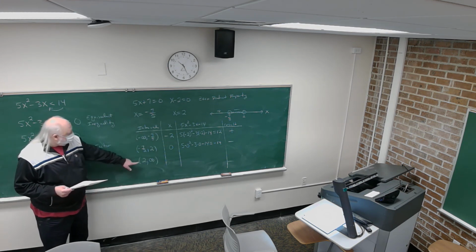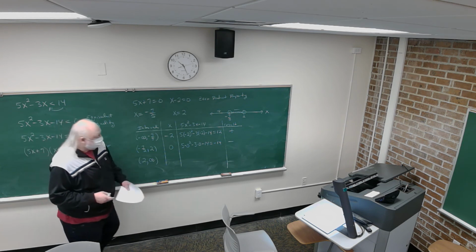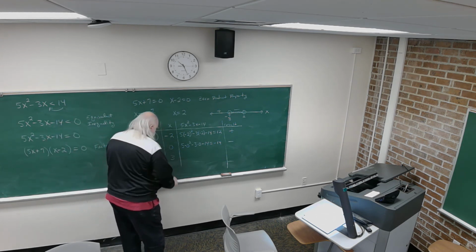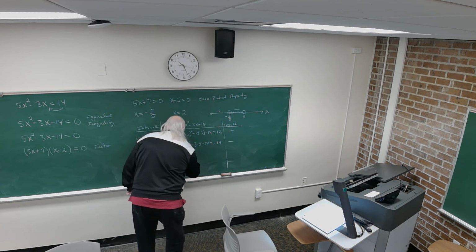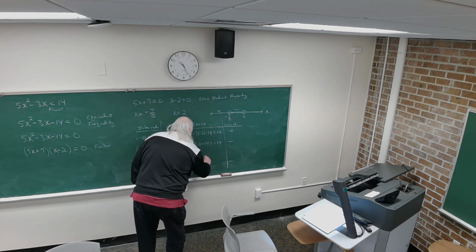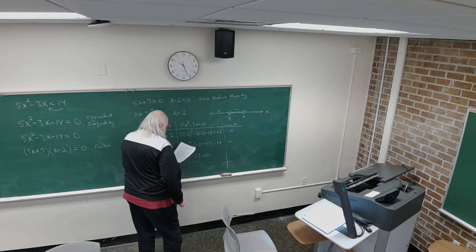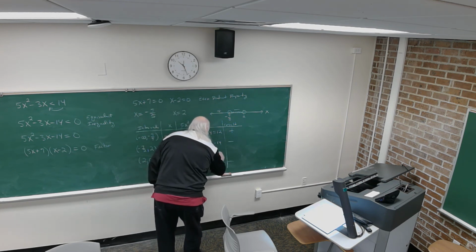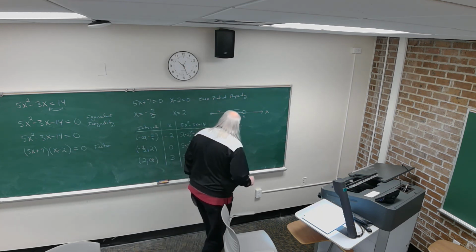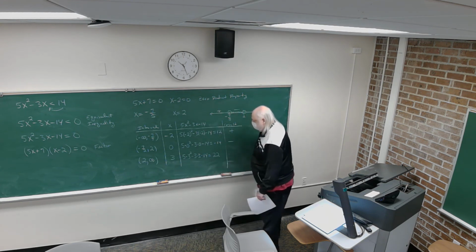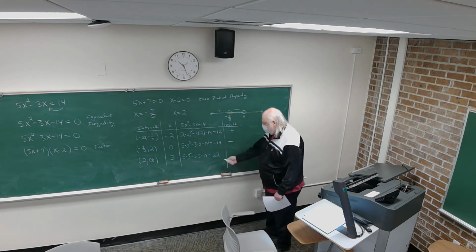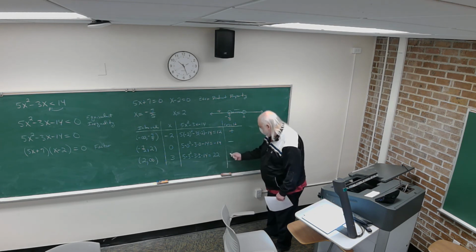And then lastly, we have all real numbers greater than 2, right? 3 is greater than 2, so I use that as my test point. And so when I put in 3 for x, I have 5 times 3 squared minus 3 times 3 minus 14, which is equal to plus 22. 22 is a positive number.